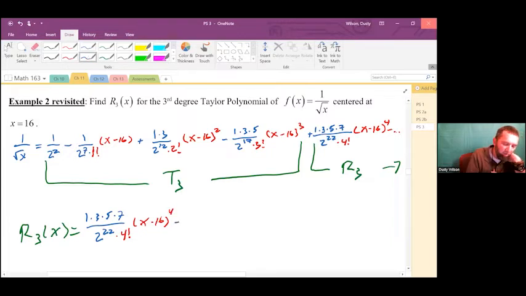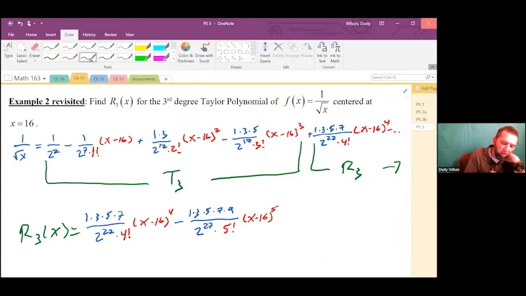And then we could just catch the pattern. So the next part would be 1 times 3 times 5 times 7 times 9 over 2 to the 27th power times 5 factorial times (x minus 16) to the fifth.